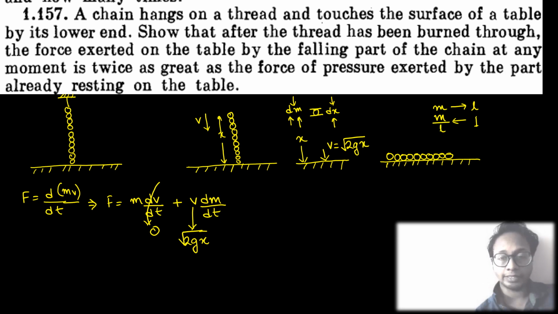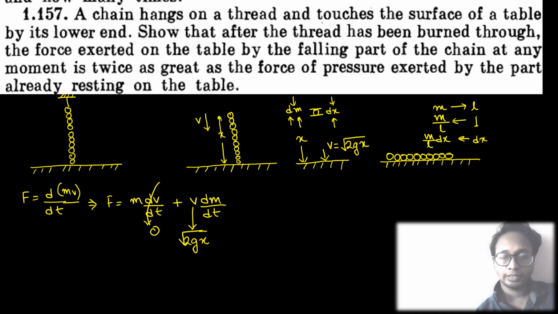Just unitary method. 5 mangoes cost 10 rupees, 1 rupee will give 5 by 10 mangoes. Similarly, L length of chain weighs m mass, so unit length of chain will weigh m by L mass. So dx length of chain will weigh m by L into dx.